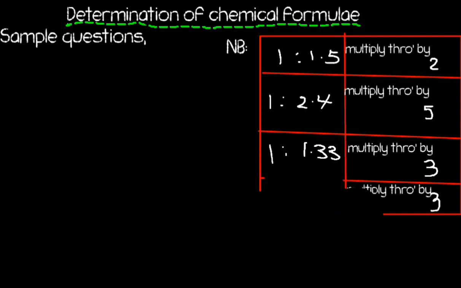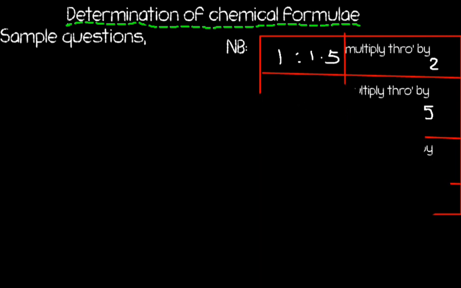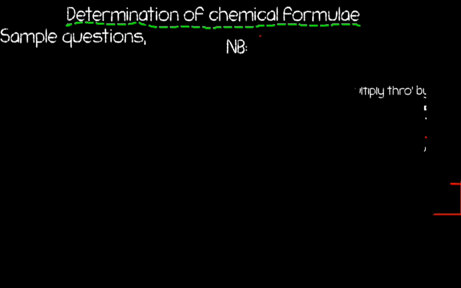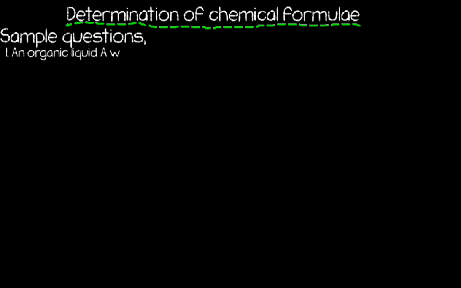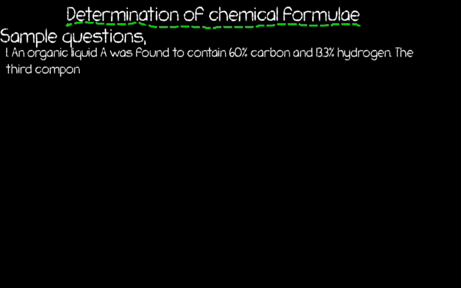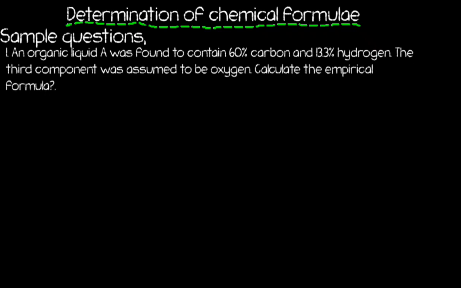Here are sample questions we are about to try our hands on, in order for you to understand how we go about the empirical formula and the molecular formula. The question says that an organic liquid A was found to contain 60% carbon and 13.3% hydrogen. The third component was assumed to be oxygen.